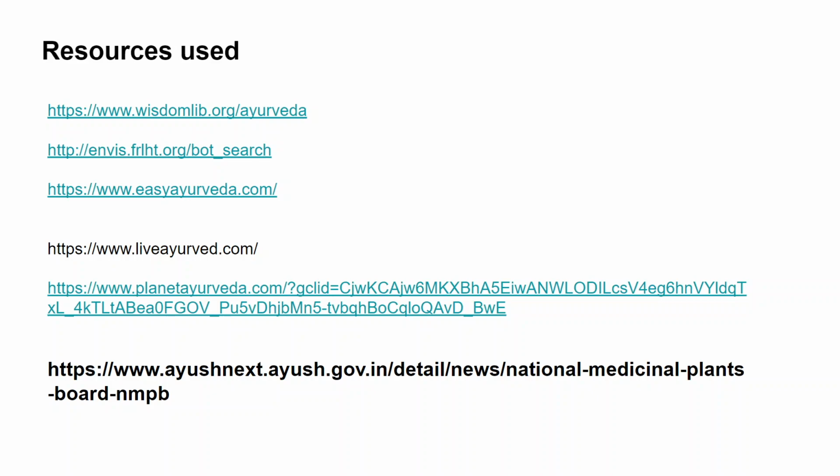At the same time, other resources available online are used for getting the images as well as certain information about these controversies of the plants: the Wisdom Library, the FRLHT, and Easy Ayurveda, Live Ayurveda. These are the major resources from which I have collected some teaching material, study material about the plants.